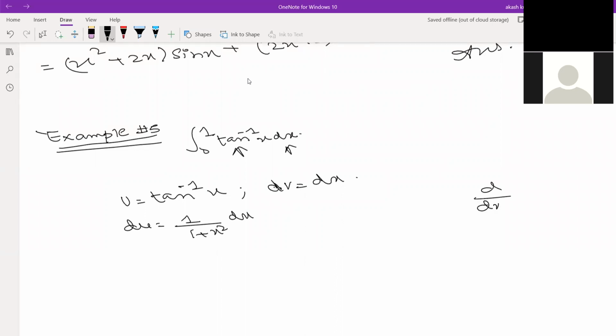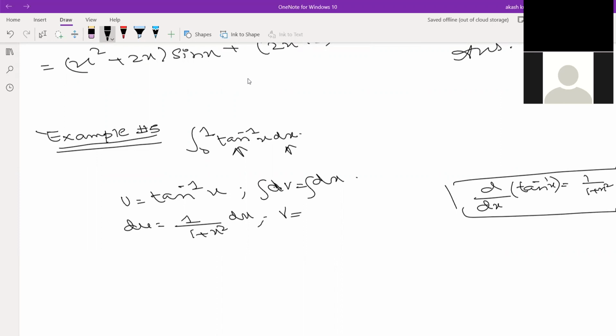The differential of the inverse tan function is 1 over 1 plus x square. And the integral of dv is v, and the integral of dx is x.